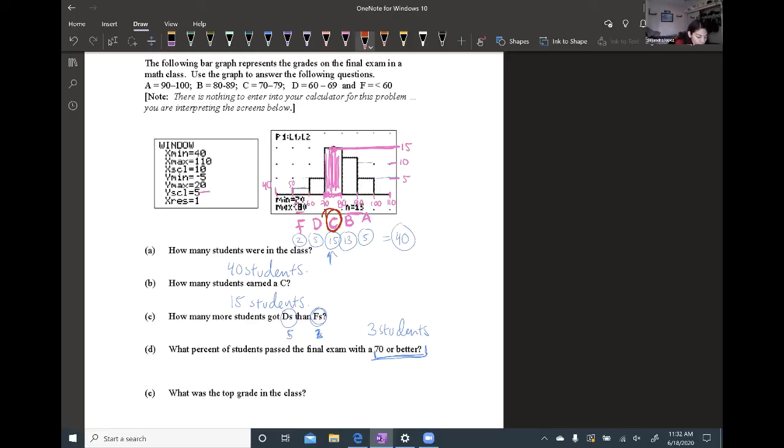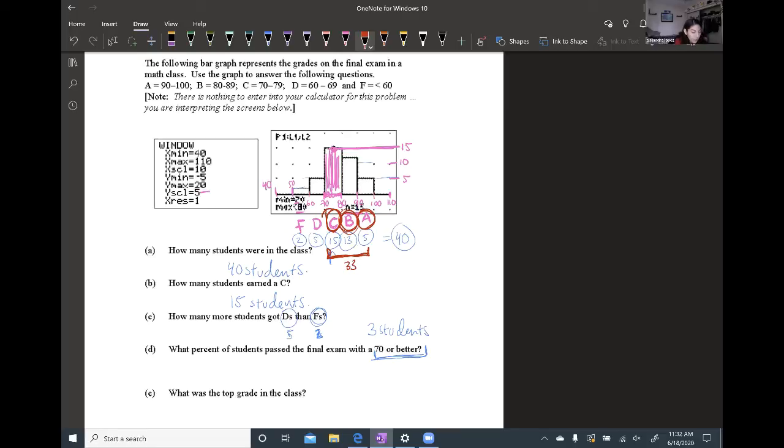Now, also the next box, the box with B's, those people also have 70 or better. And then the A's, they also have 70 or better. So you just want to watch out for questions like these, when they ask you to add multiple bins together. So we have to add 15, 13, and 5. That would be 33.